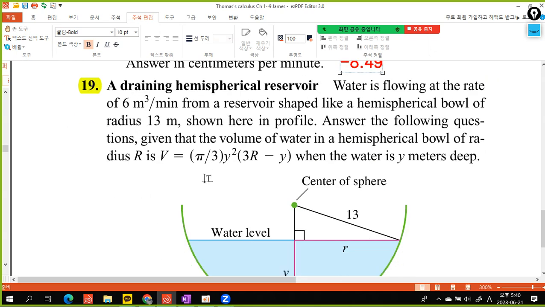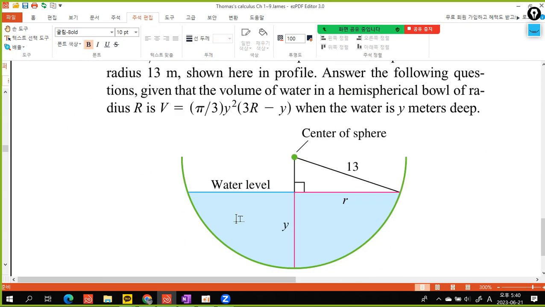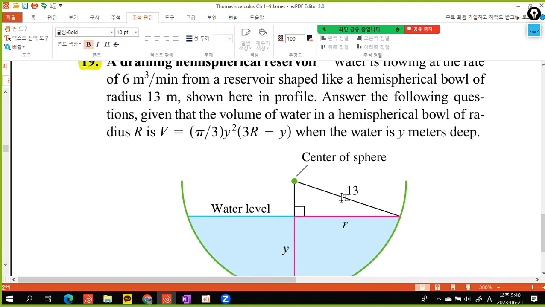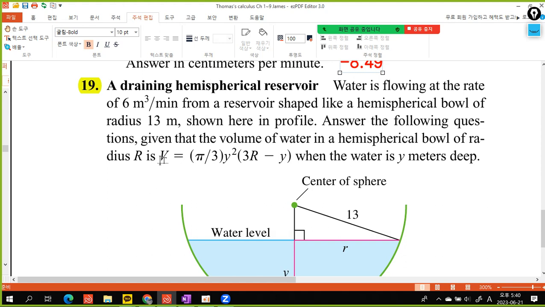Once again, the water is draining, but in this case, the shape of the reservoir is spherical and not conical. So we have a little more complicated equation for the volume.